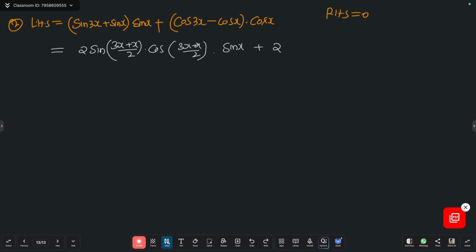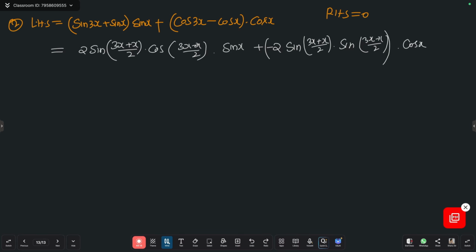Look, 2 sin c plus d by 2 into sin d minus c by 2, or if you want to write 3x minus x by 2, then an extra minus sign will come. There are two forms; if c minus d, then minus here, into the extra cos x.